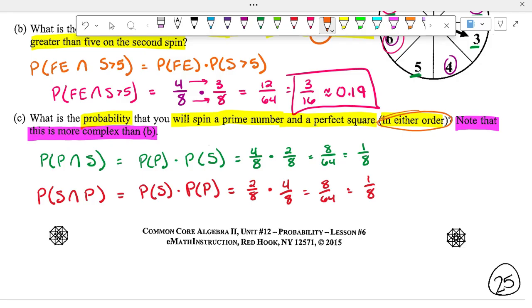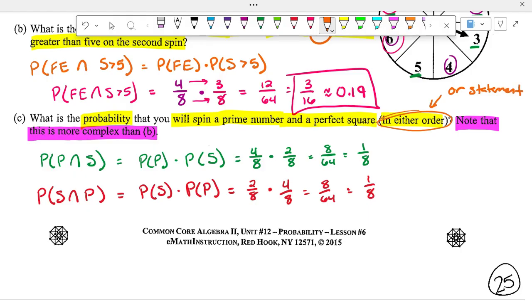What do we know that stands for at least one? Addition. So in other words, we're setting it up as a union or an "or." This means that we're going to do an or statement because we want at least one of those two to happen.